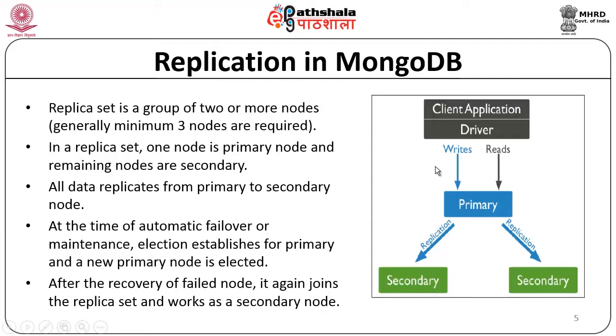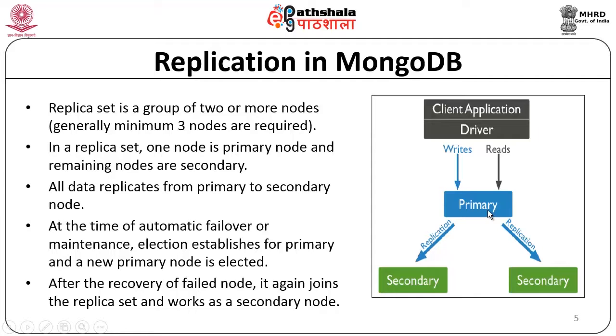Once the primary is back, in the sense recovered, the application is still connected to the secondary, but now the primary will be along with the secondary for the purpose of holding the data for duplication. So, at any point of time the data is made available and you have a minimum of 2 secondary nodes which are replicas of the original data.